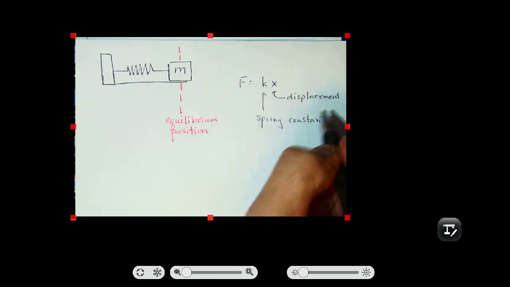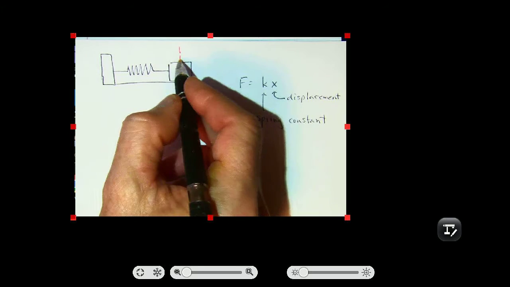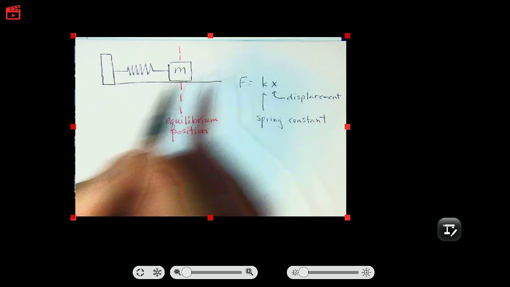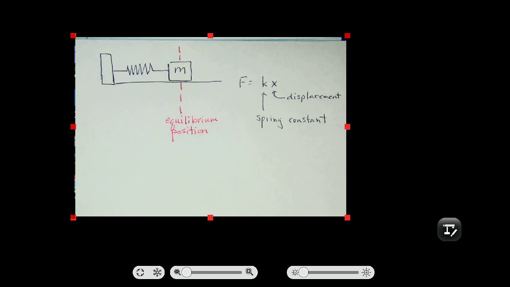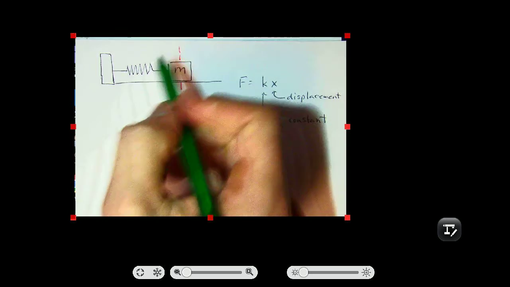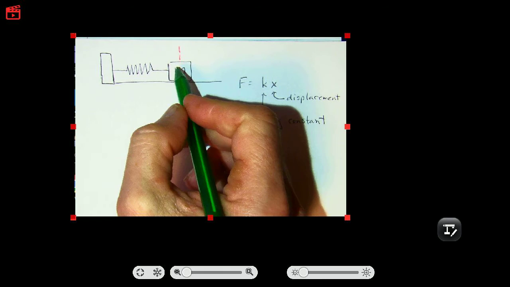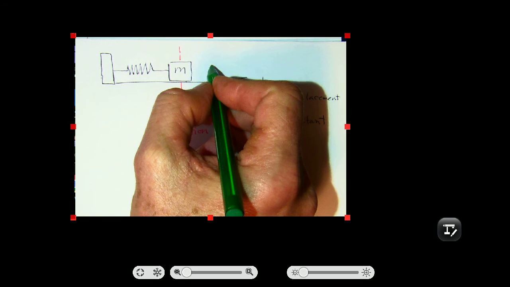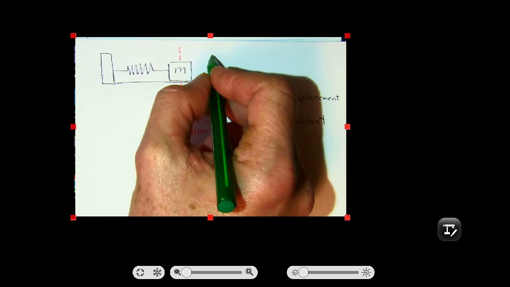By that, we're talking about how far it goes from this equilibrium position. So it can go various distances. Let's say we pull it back to this position here. That's going to be its maximum displacement.